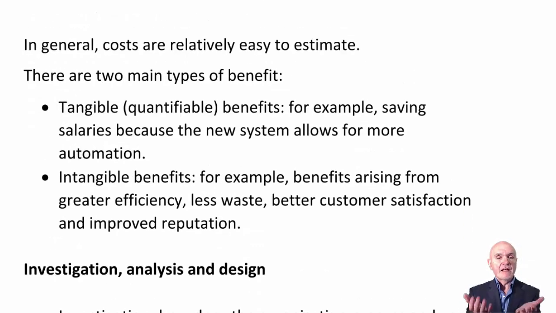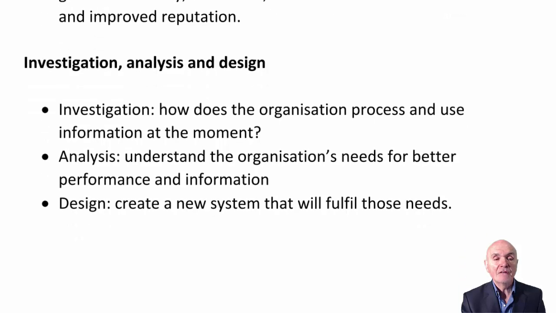Assuming the cost-benefit analysis that we can some way justify the project in terms of hoped-for benefits, then the next stage is investigation, analysis and design, or next stages of these three, usually run together.